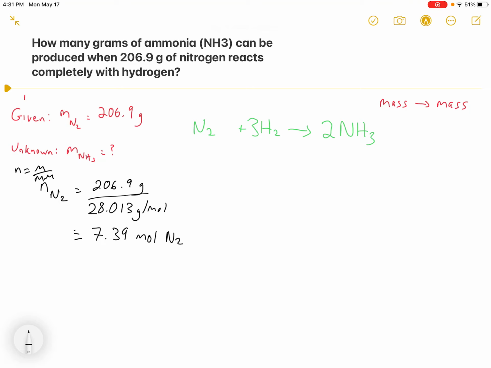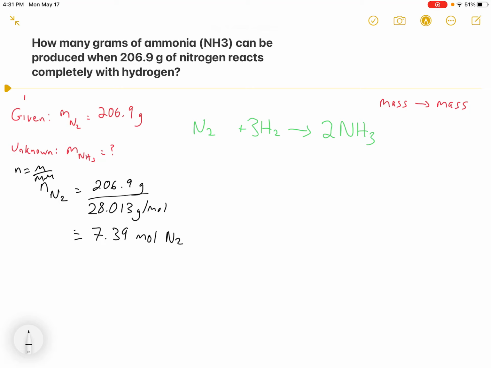Now we're going to go back to our balanced equation, and just like we've done before, we are going to create a multiplier that tells us the equivalent proportions of moles within this reaction equation. If we want to know the mass of ammonia, we're going to have to set up a proportion that relates the amount of ammonia to the amount of nitrogen.